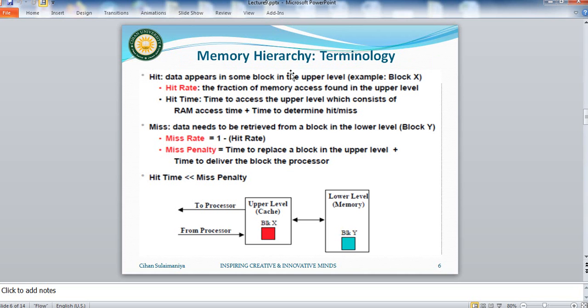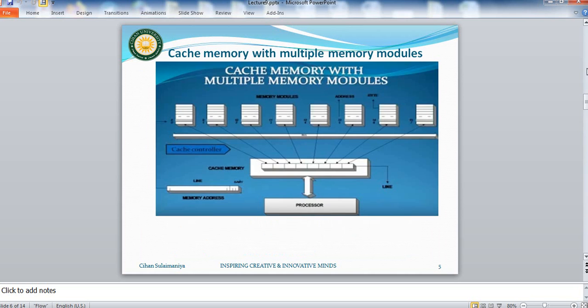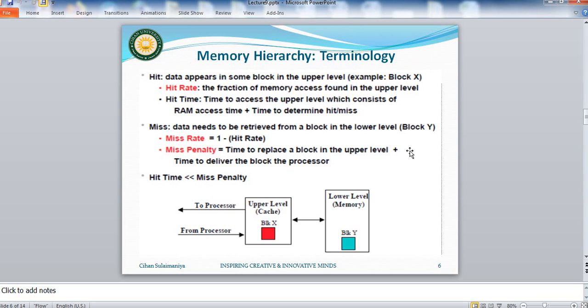Now, if the information is saved inside the cache, we name it a hit, and it's going to open fast. If the information is saved inside the RAM, we name it a miss. Now, what is the hit rate and what is the miss rate? I explained it last time, and I think it is one of the questions that come in the midterm exam.